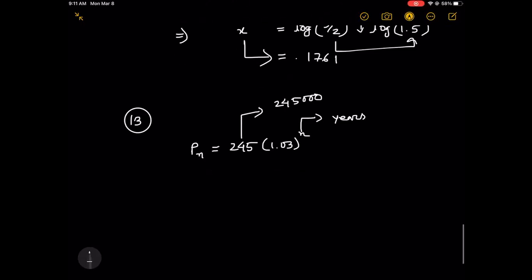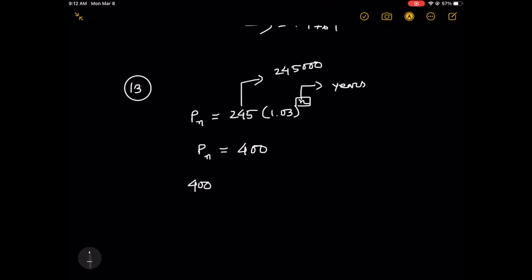So we're looking for the n where the population will be 400, in thousands. Now you can see we'll have to solve the exponential, and we'll use the property we've seen so far. Now it will make more sense, hopefully.